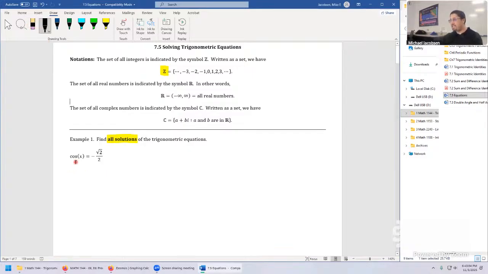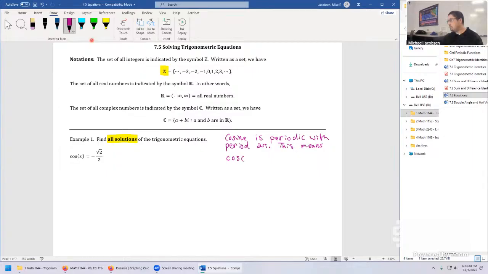The reason for that is cosine is a periodic function. Let's write this information here. Cosine x, or just cosine, is periodic with period 2 pi.